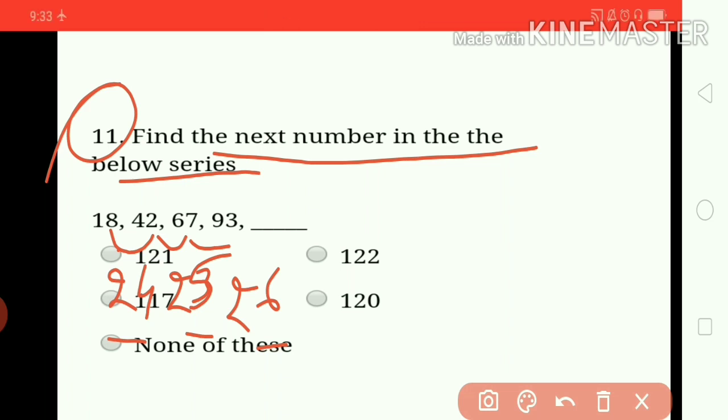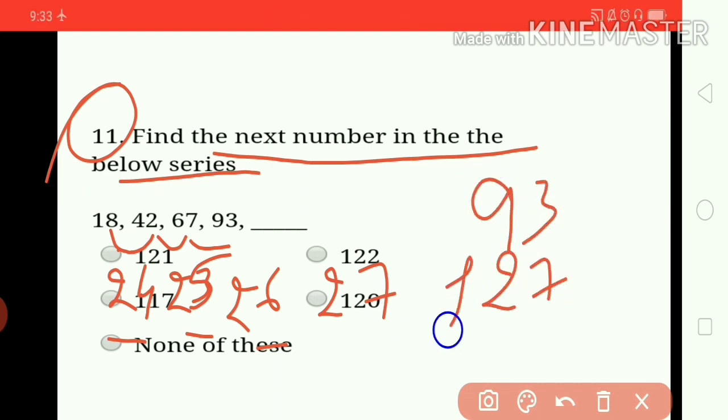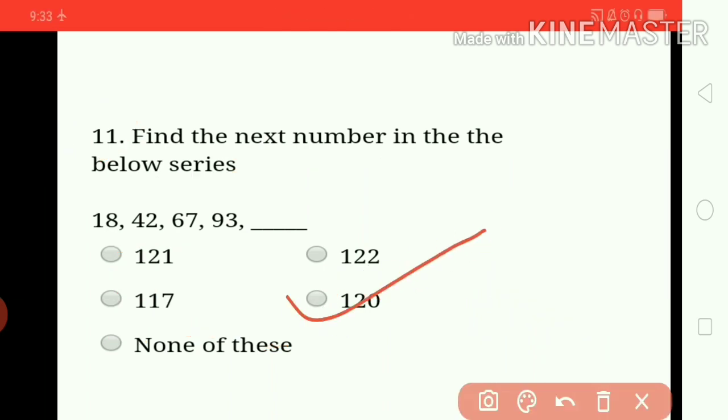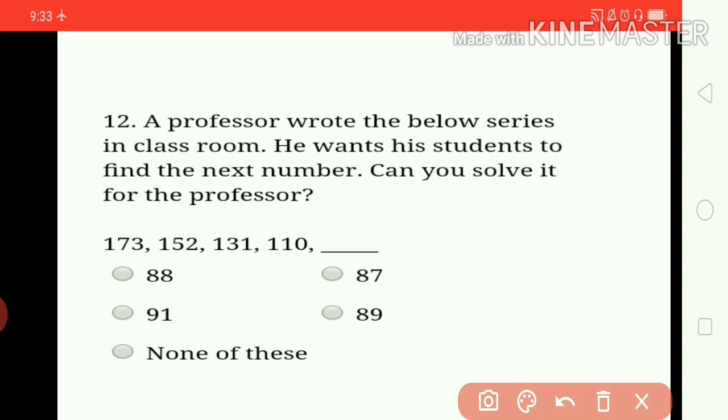So what will be the difference of the next number to 93? It will be 27. So 93 plus 27, we will get the next term. 7 and 3 is 10, 9 to 11 and 1 is 12. This is 120. So let us check which option is showing you the same solution. This is 120, right?